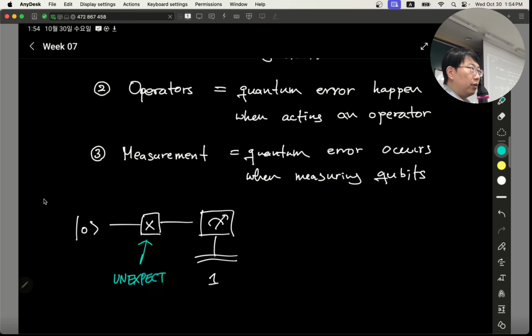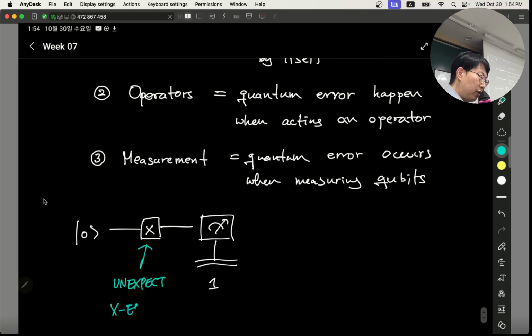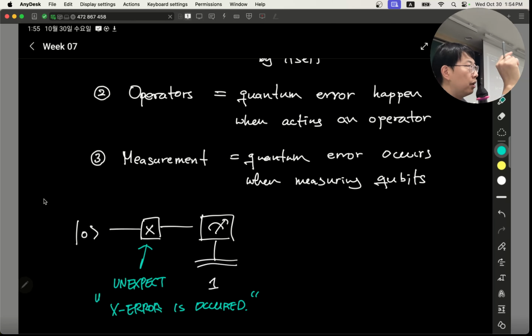In that case, we say the X error occurred. So the X error is when we expect to see 0 or 1, and the outcome was the opposite.